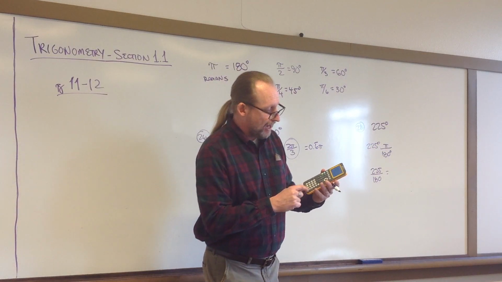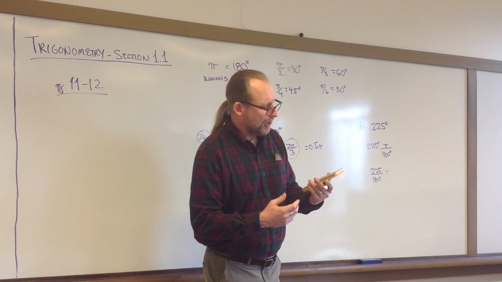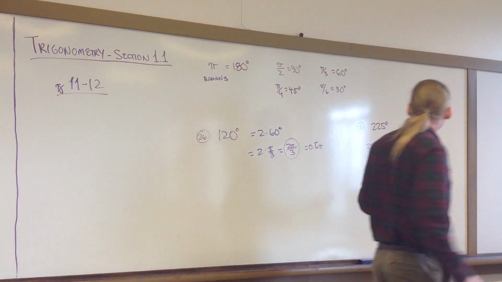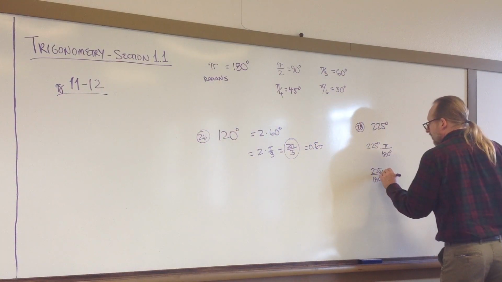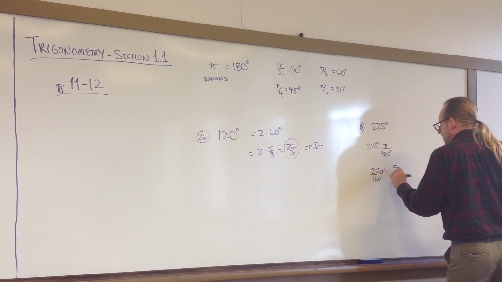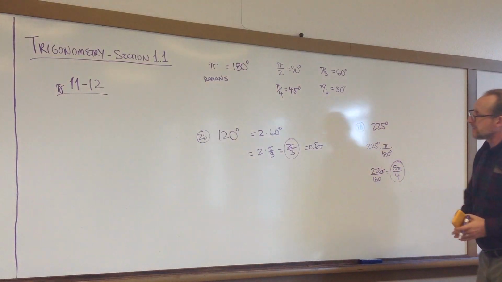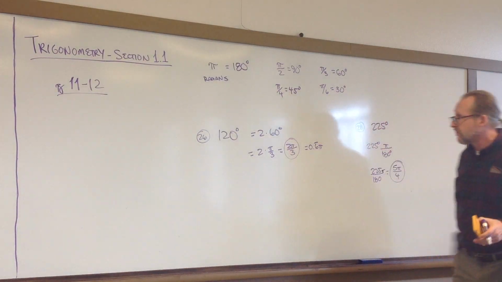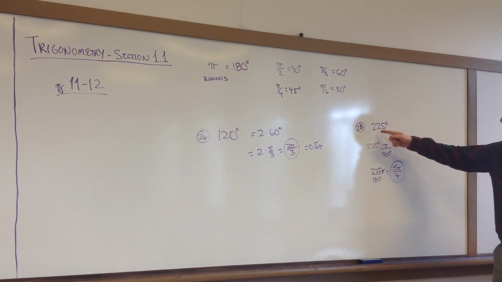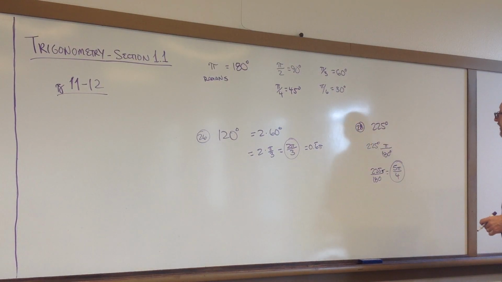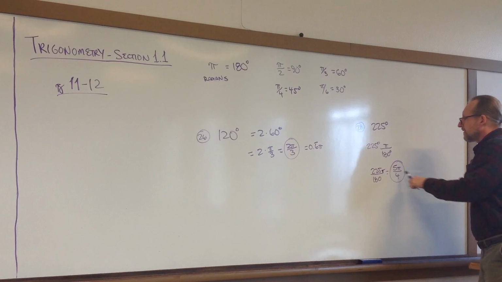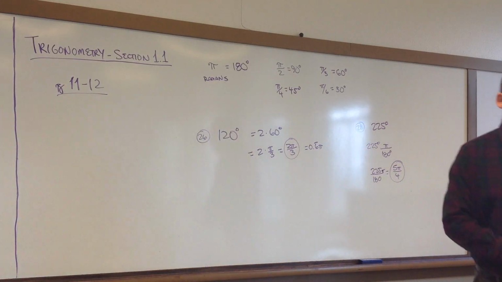If it's already a fraction, it'll make it a fraction in the lowest terms, 5 over 4. So, we'll put our pi up there, 5 pi over 4, and you can see that's actually 5 times 45 degrees. And if you do 5 times 45, you'll see it is 225. So, 225 degrees is 5 pi over 4.